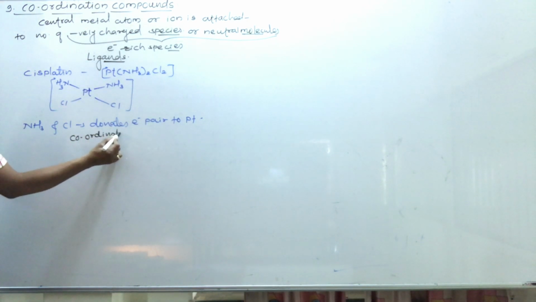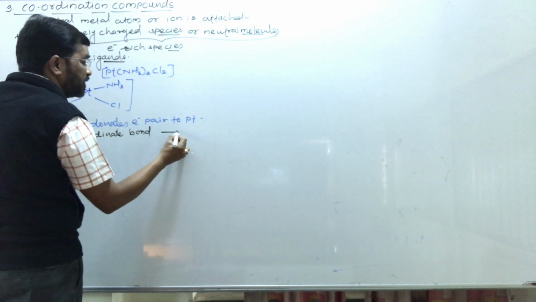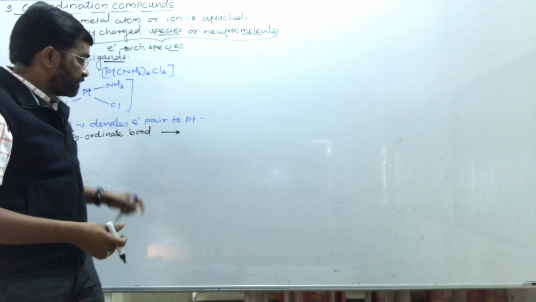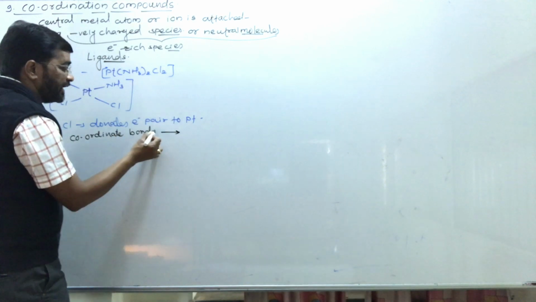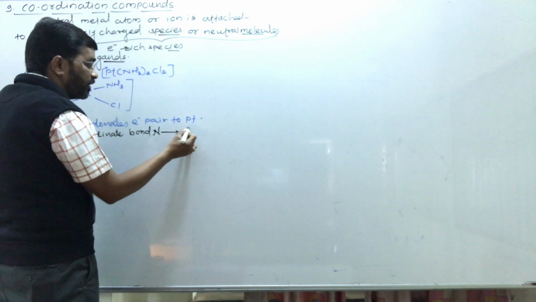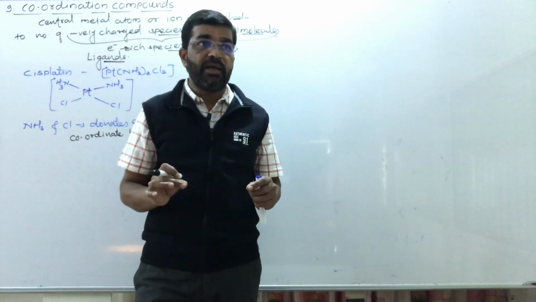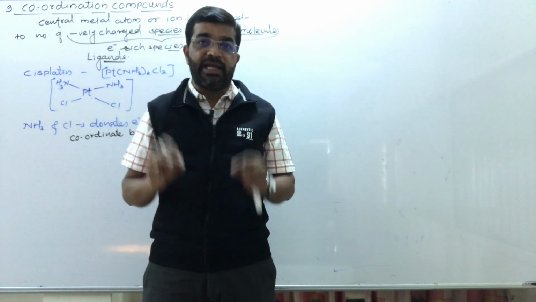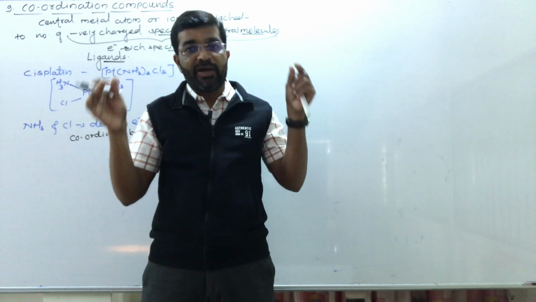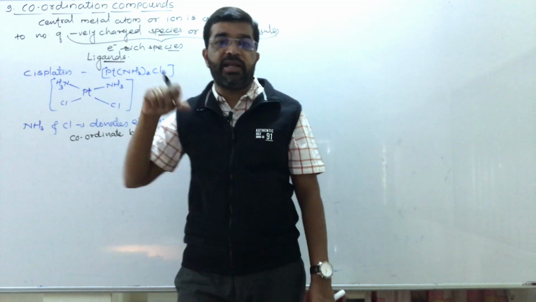This coordinate bond is denoted by this arrow, meaning which atom donates the electron, suppose nitrogen, to which atom it donates the electron pair, that is the platinum. So the bond which is formed by one-sided sharing of electrons, where both the electrons are shared by only one atom, that type of bond is called the coordinate bond.